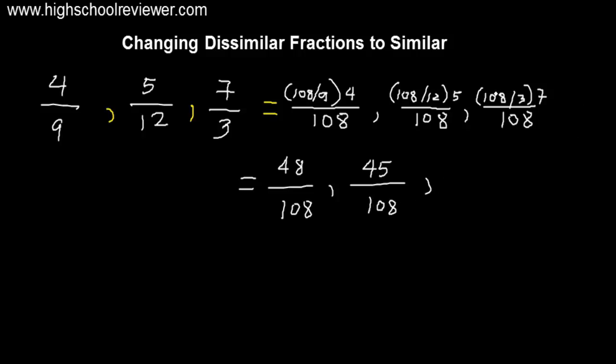And 108 divided by 3 multiplied by 7, this is equal to 252 all over 108. Therefore, 4 over 9, 5 over 12, and 7 over 3, their equivalent similar fractions are 48 over 108, 45 over 108, and 252 over 108. And these are our final answers.